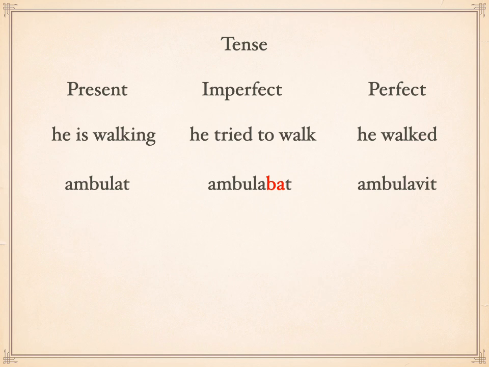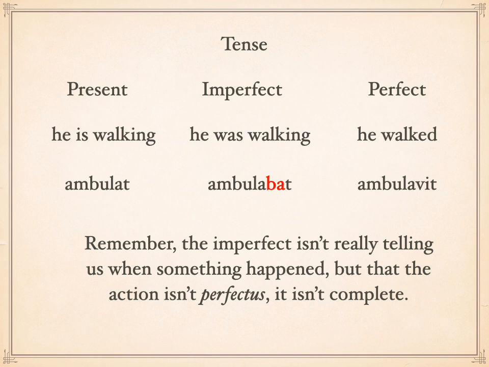And again, for the imperfect, we're especially talking about things that started but haven't really finished. So sometimes the imperfect will say, he tried to walk, or he used to walk. Sometimes we'll just use a simple past, he walked, or he was walking. Remember, the imperfect really isn't telling us when something happened. It's that the action that started isn't perfectus.